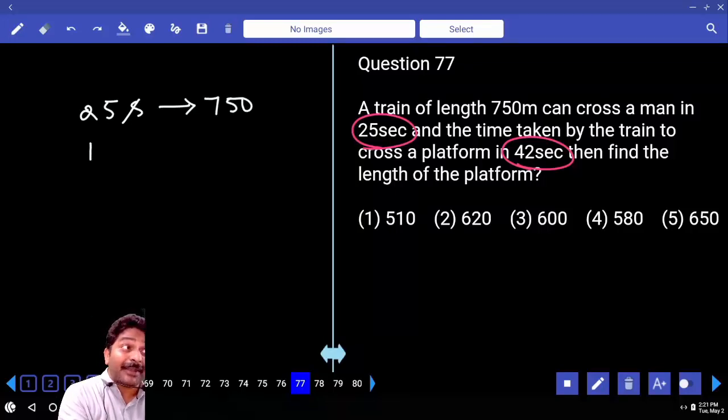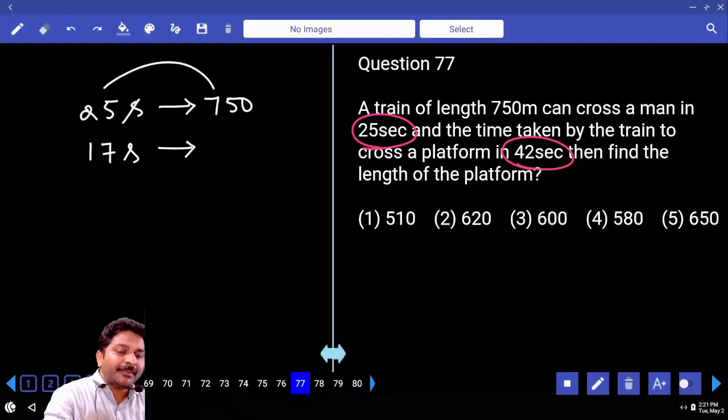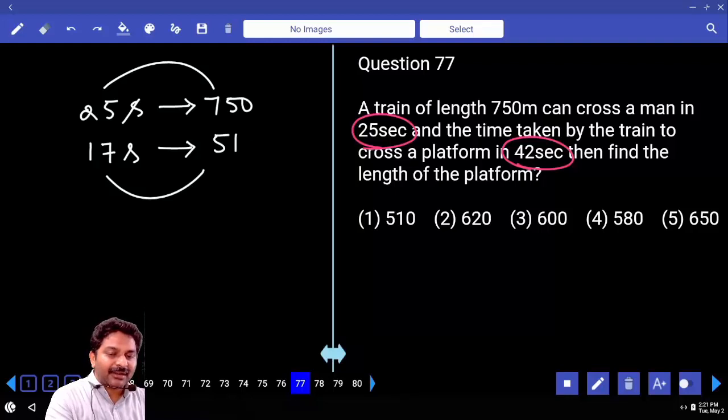Then to cover the platform length, it has to travel for 17 seconds only. In 17 seconds, whatever the distance that it covers, that is the length of the platform. 750 by 25 is 30, so 17 times 30 is 510. You don't have to calculate speed here.